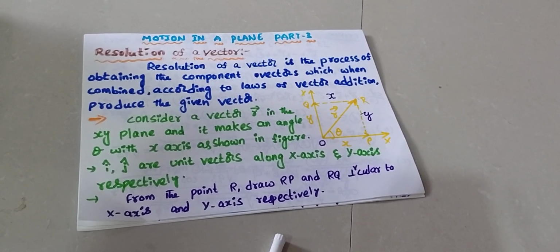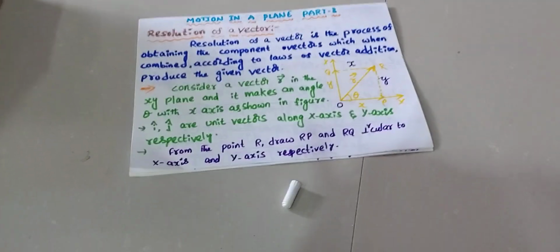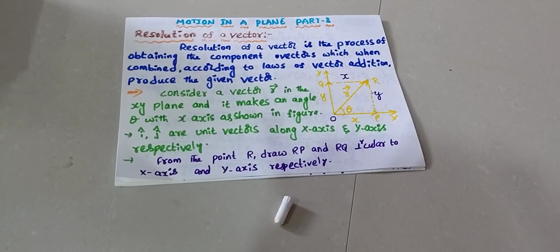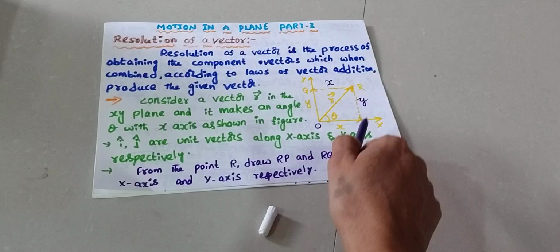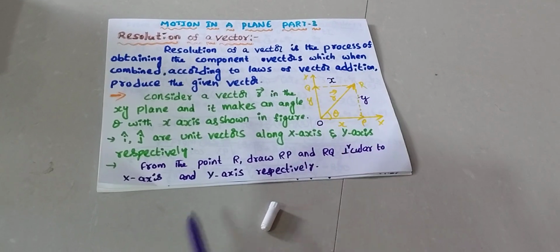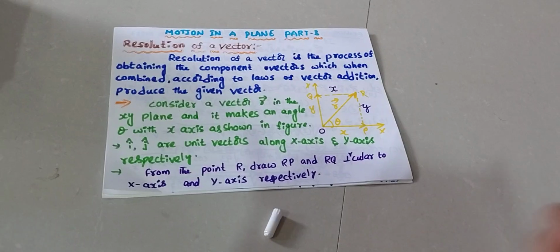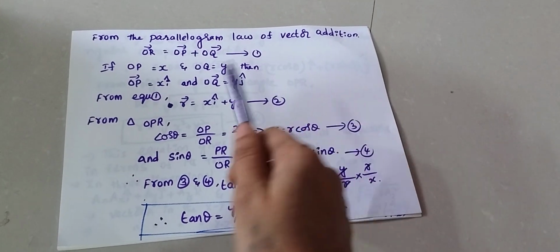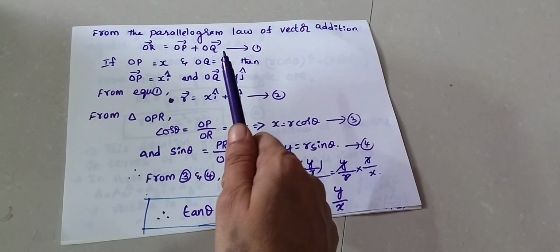What is a unit vector? It has magnitude 1. From the point R, draw RP and RQ perpendicular to the x-axis and y-axis respectively. From the parallelogram law of vector addition, OR bar is equal to OP bar plus OQ bar.